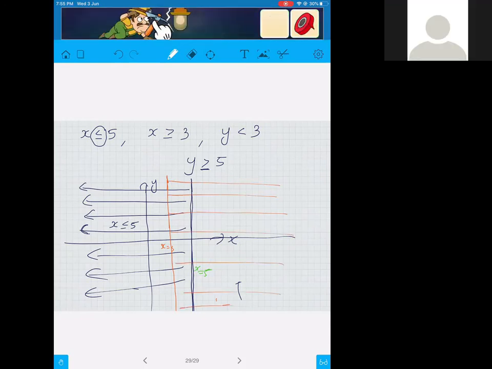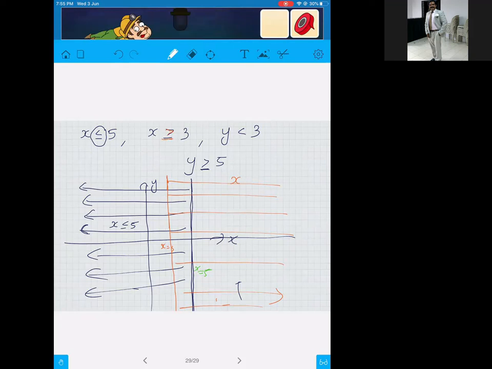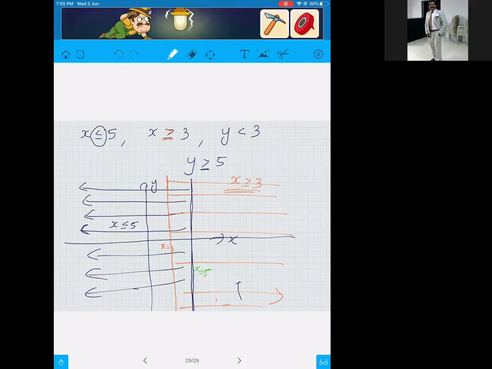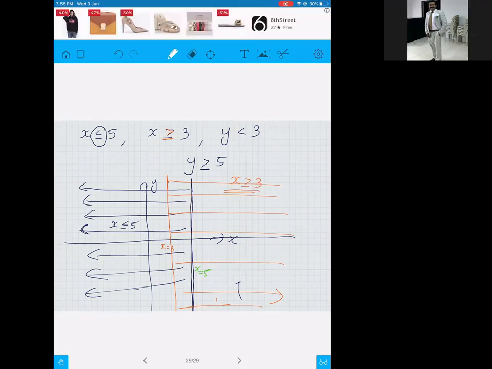The line should be dotted, not bold. Why? Because if there's no equal to sign, then it's not bold, that is a dotted line. That scenario is applicable for every case. Okay, so x greater than or equal to 3.